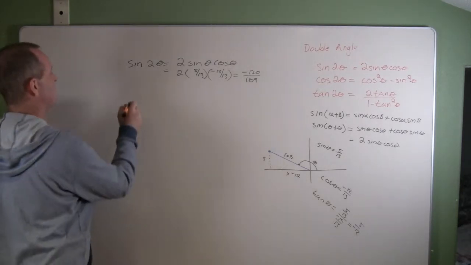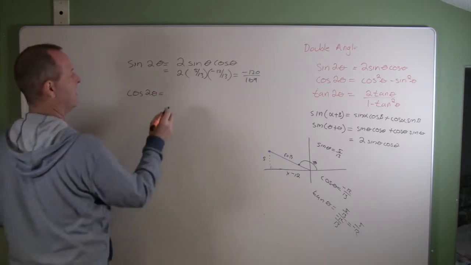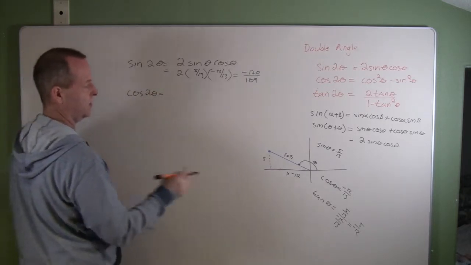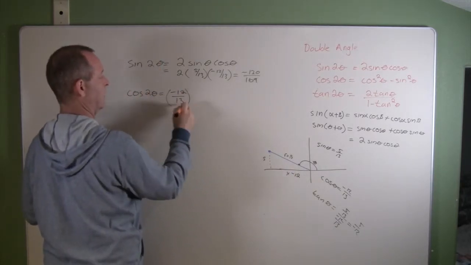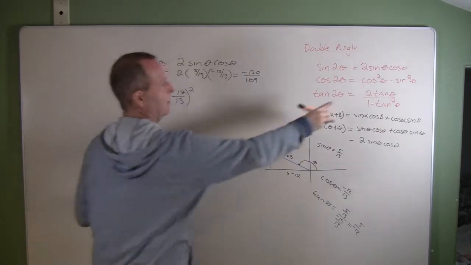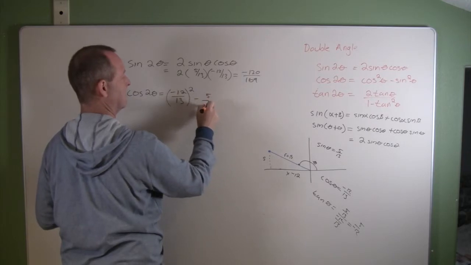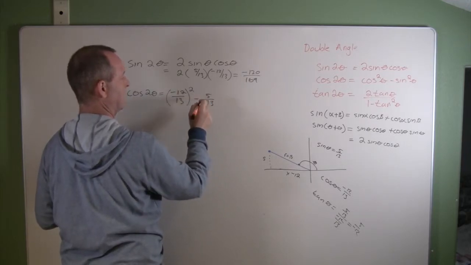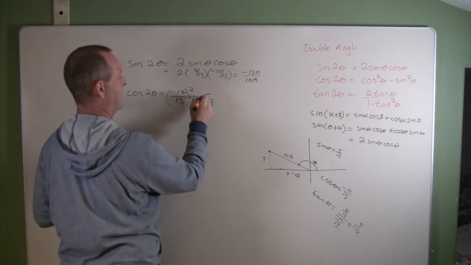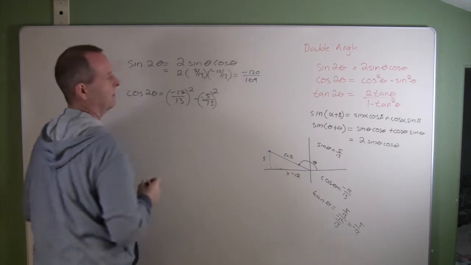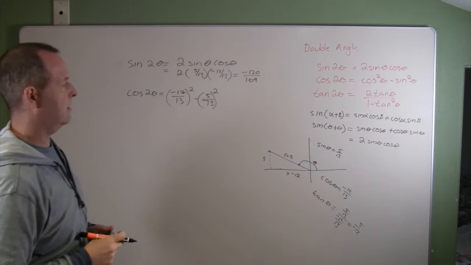So let's look at the cosine of 2 theta. That becomes cosine squared of theta, and cosine was minus 12/13. And we're going to square that. Minus sine squared. Sine was 5/13. Sorry, folks, it's minus 5/13 squared.